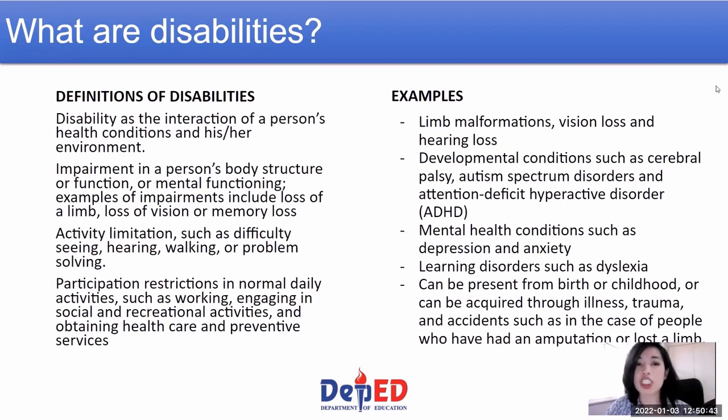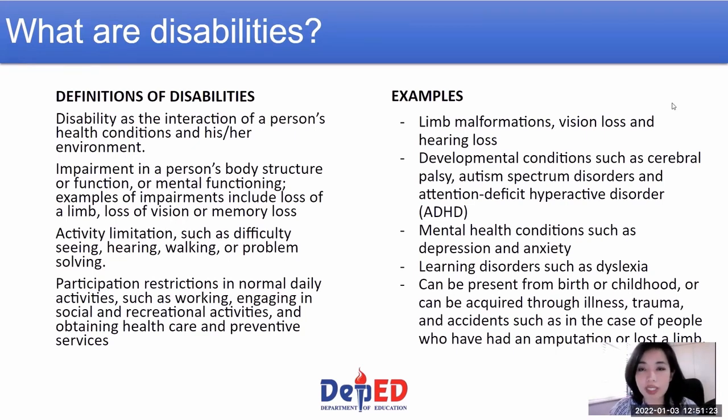Activity limitations such as difficulty seeing, hearing, walking, or problem solving would be some examples of disabilities, and participation restrictions in normal daily activities such as working, engaging in social and recreational activities, and obtaining healthcare and preventive services are some of the key characteristics of disabilities.